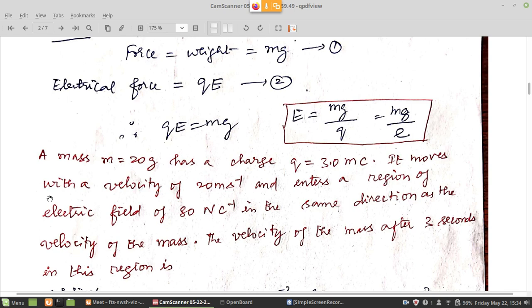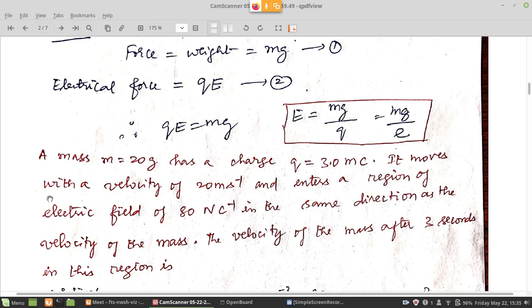A mass is entering an electric field and this mass has charge also, and the velocity with which it is moving is 20 meters per second. While entering, it has this velocity, which one can call the initial velocity. Then all we have to get is the final velocity acquired because of the acceleration that the mass will undergo in the presence of the electric field.